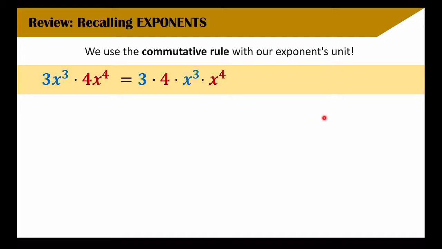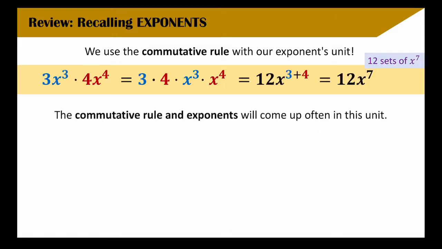So kind of my like terms. 3 times 4 is going to be 12, and then we use our exponent rule where we have the same base and we're multiplying, so we add our exponents together. If you are confused about that, I would recommend going back into our exponents unit and reviewing a little bit of those rules. So 12x to the power of 7, or 12 sets of x to the power of 7.